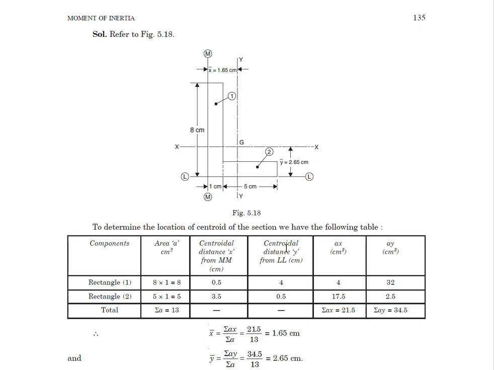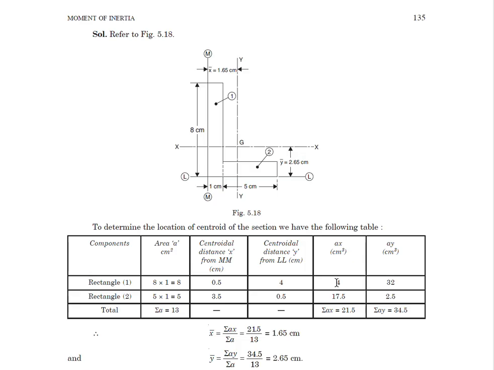Then about this line LL, the CG, that means the center point of this rectangle with the 8 centimeter length, will be 4 centimeter from this LL, which is also recorded over here. And you can find the multiplication of ax and ay, which is written over here.